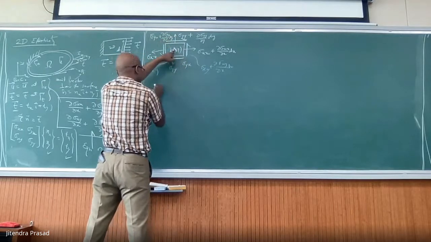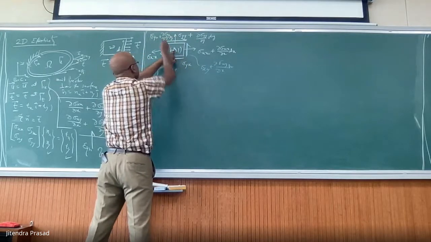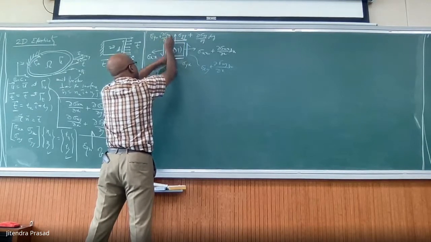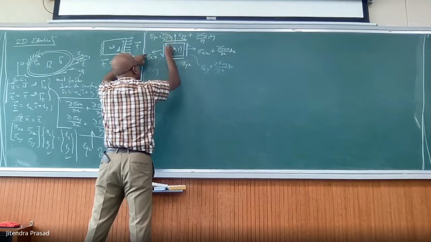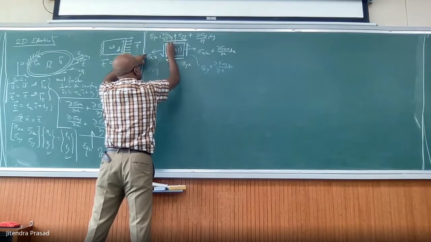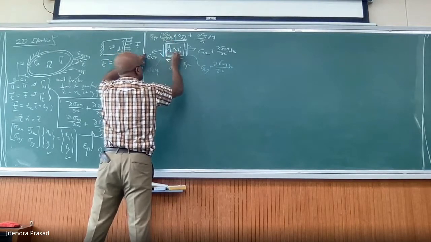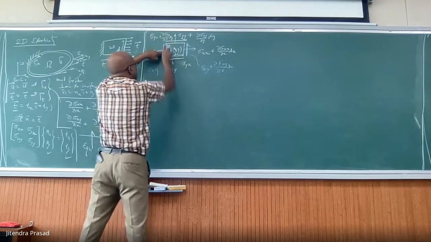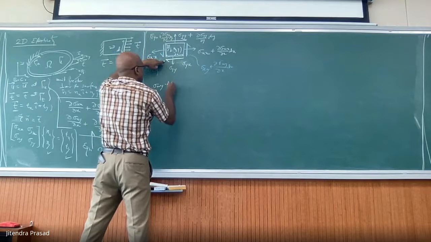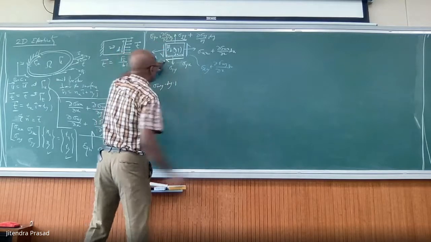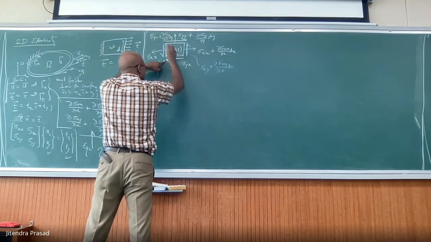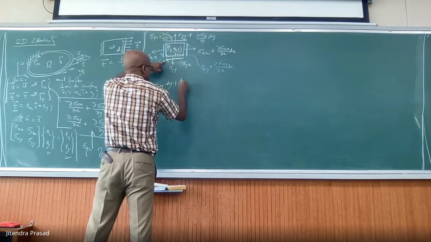We have sigma xy, anticlockwise positive, multiplied by dy, multiplied by 1, the thickness is 1, multiplied by the distance from here to here, which is dx over 2.